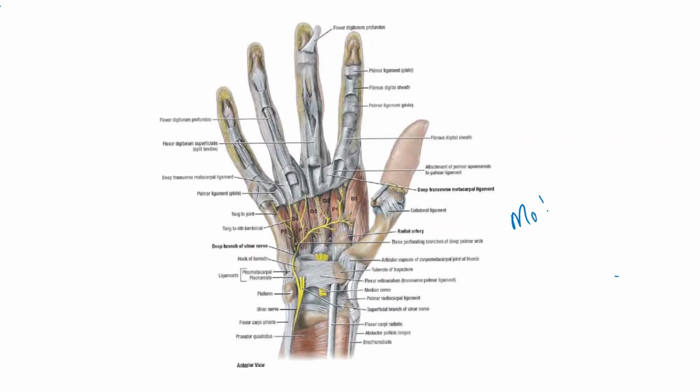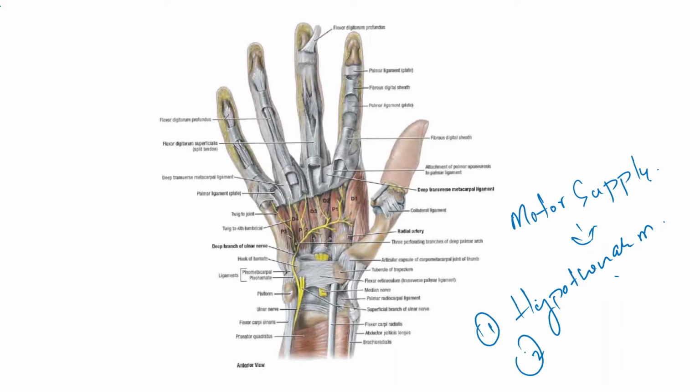So the ulnar nerve has got the motor supply as well as the sensory supply. The muscles supplied by the ulnar nerve are, number one, the hypothenar muscles. It supplies the adductor pollicis of the thumb.